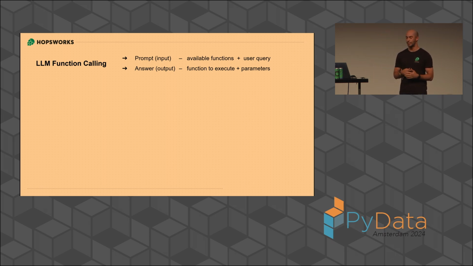It is the ability of LLMs to infer the user intention in the prompts, and then decide whether to execute a function that is available in a set of functions that we define to the LLM. And also, the LLM is able to define the parameters that we need to pass to this function.